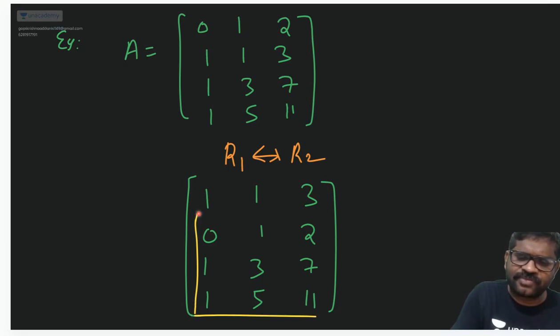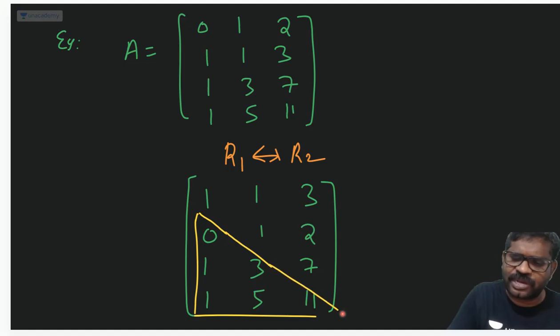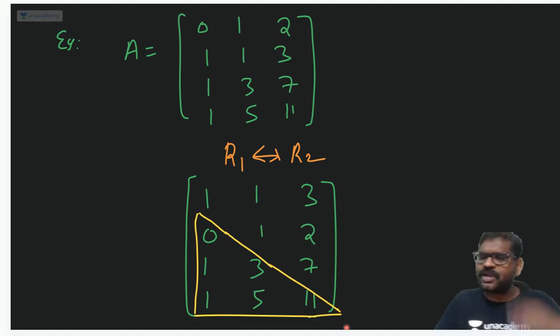Here, form a right angle triangle. It covers 1 element in the second row, 2 elements in the third row, 3 elements in the fourth row. Now tell me, is it in echelon form?